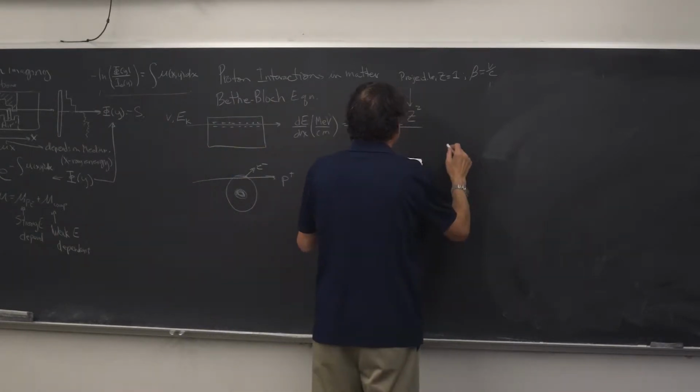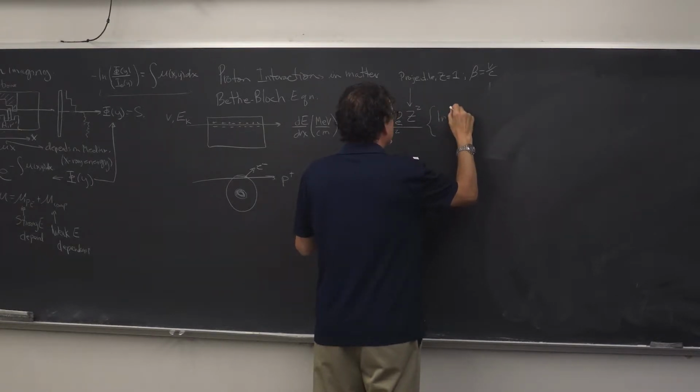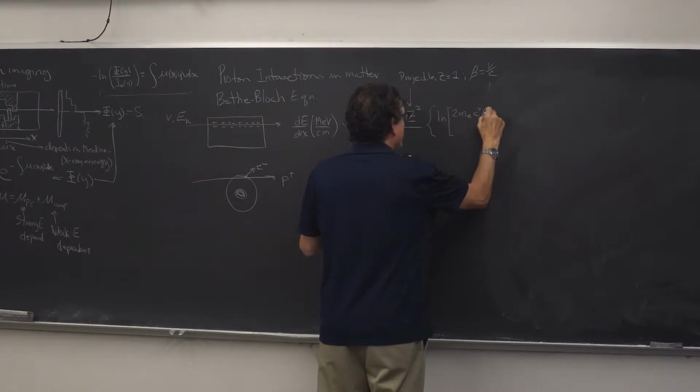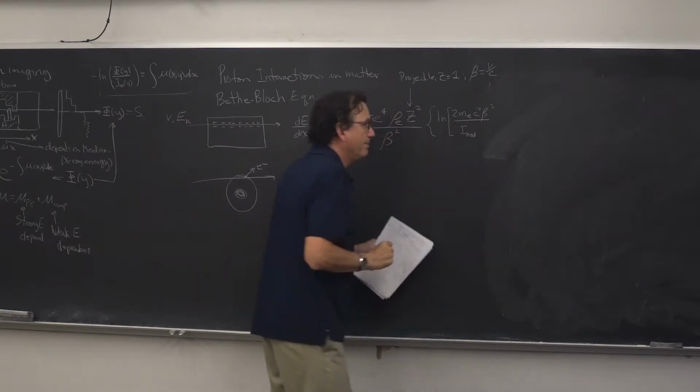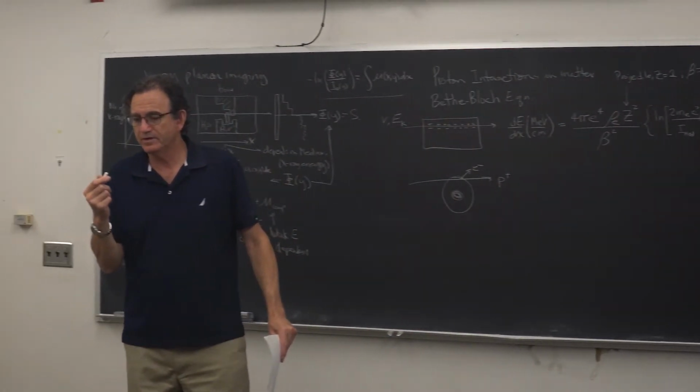And the second part is the following, which is the logarithm of 2me c squared beta squared divided by a quantity called I, which is called the mean ionization energy of the material.